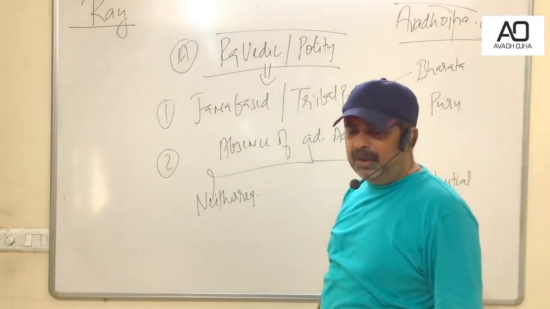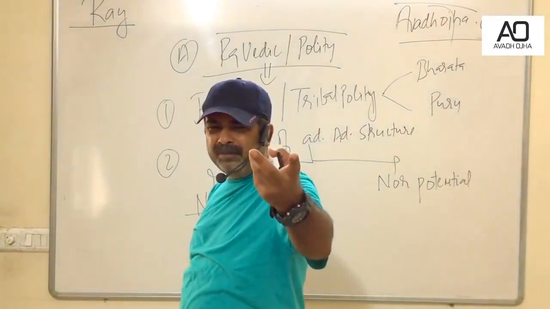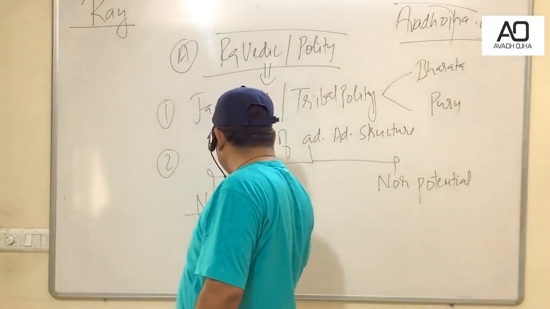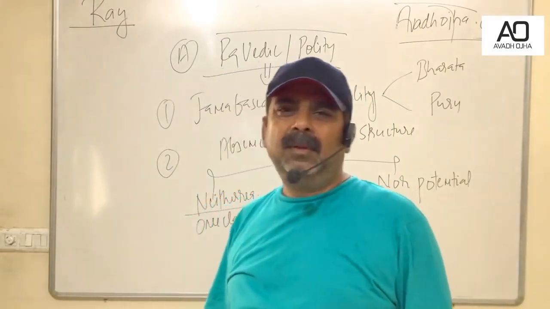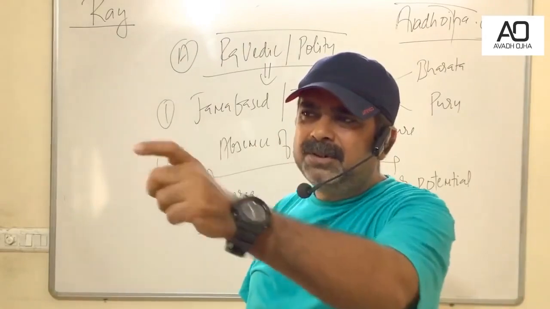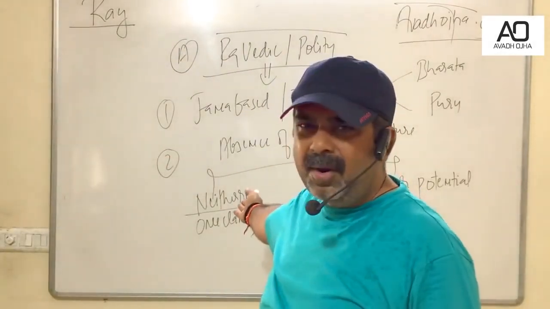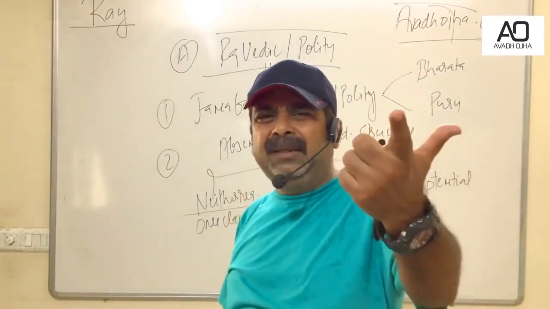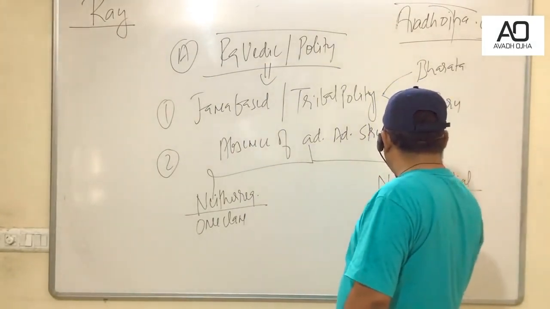Neither requirement nor potential. Why not requirement? It's a tribal polity. Tribal means people from one clan, one family. You don't create a court in your house, a police station in your house; not required. People of one clan, one family, plus not potential, because of subsistence economy.